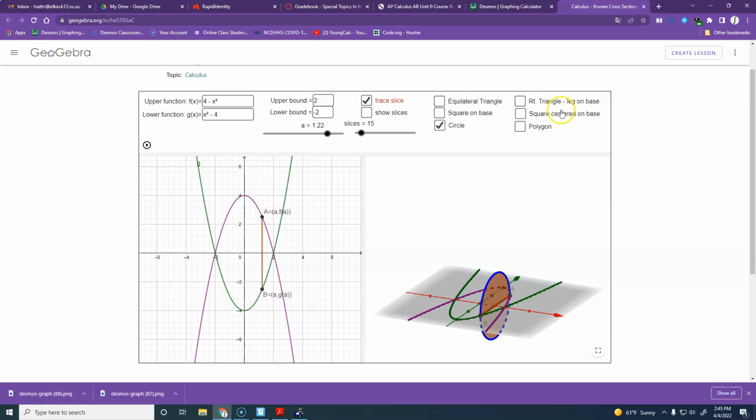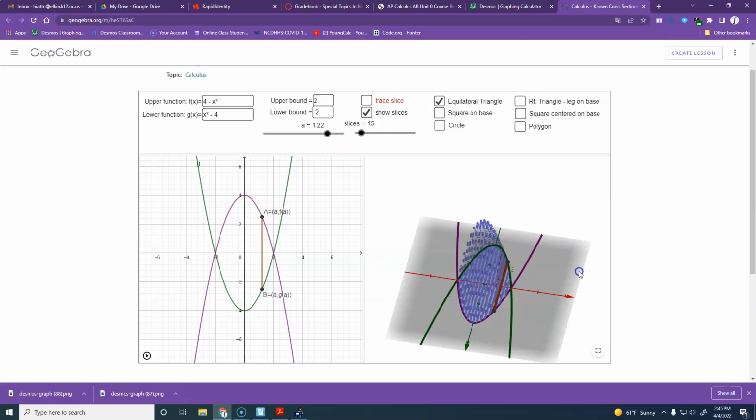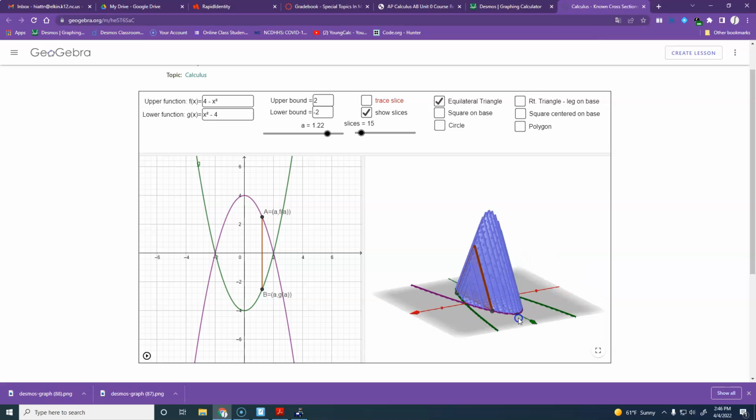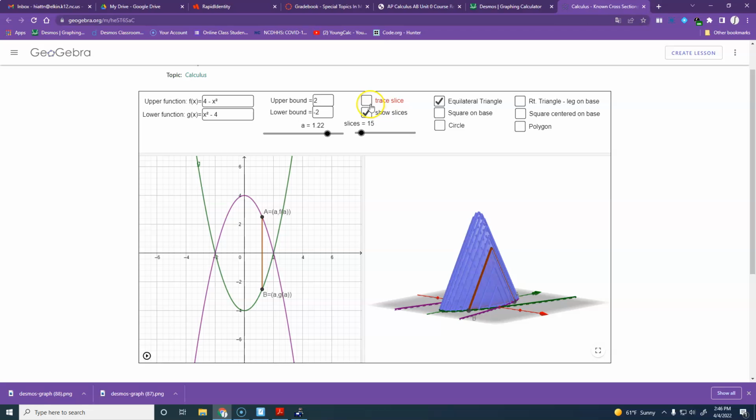Then we've got two different types of triangles. We can have an equilateral triangle, which would look like this. Or we could have a right triangle with the leg in the triangle, so it's sort of to the side.